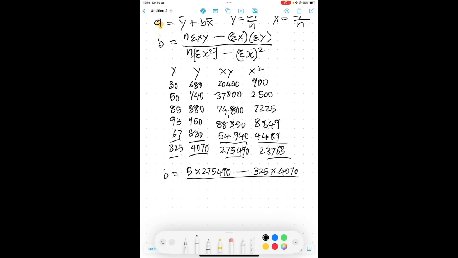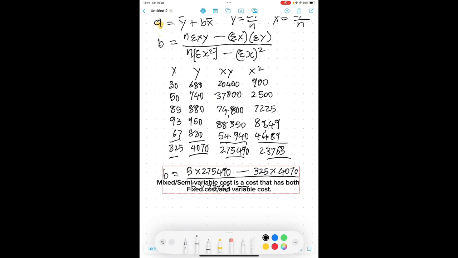The denominator is 5 into the summation of s square. We have the last column, which is s square. Then you sum it up, which gives us 23763, minus the summation of s all squared.